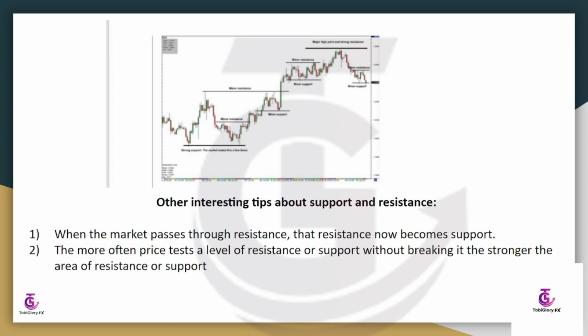This means if a price is testing a resistance or a support area without breaking it multiple times, that indicates that the support or resistance is a very, very strong area. For price to be coming back, to be rejecting from that area, it will be very hard for price to break it. Now, let me explain this using my charts.